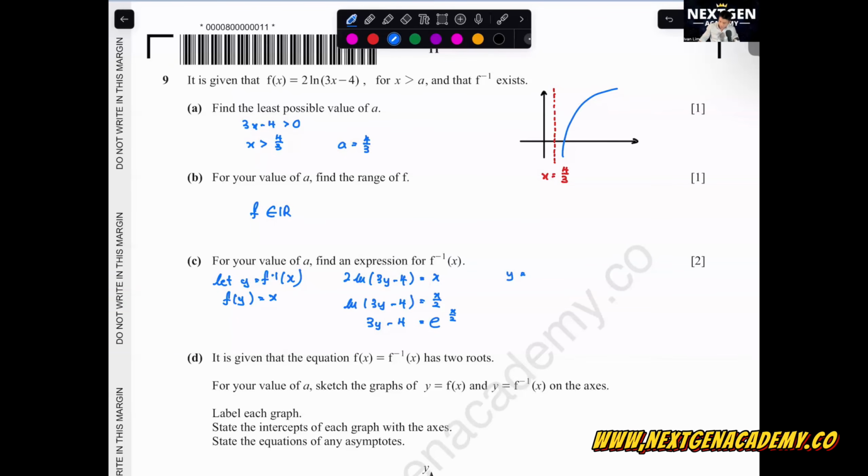Y will be e to the power of x over 2 plus 4, times 1 over 3, or divide the whole thing by 3. You just rewrite it as f inverse x like that. You can also write the whole thing over 3, same thing.